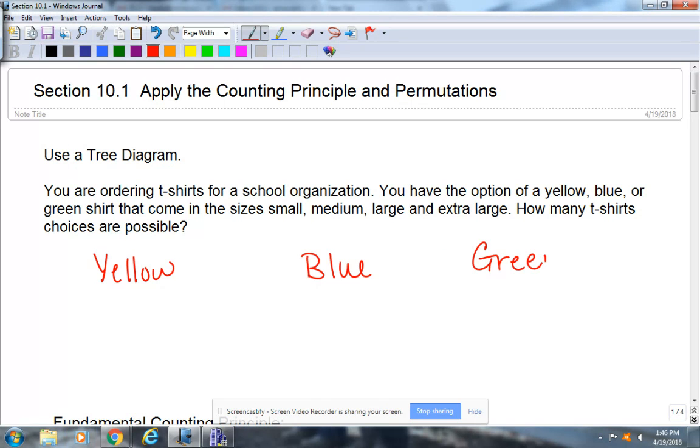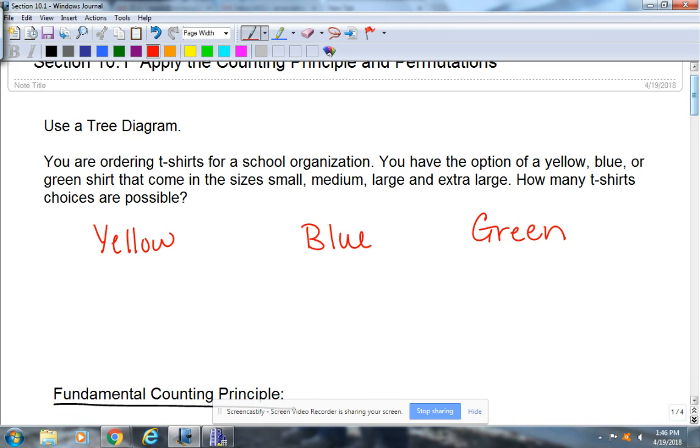So I'll just take one category, split it up. If I have a yellow t-shirt, how many sizes could I use? Small, medium, large, or extra large, right?